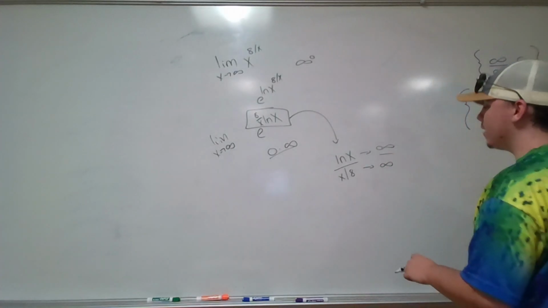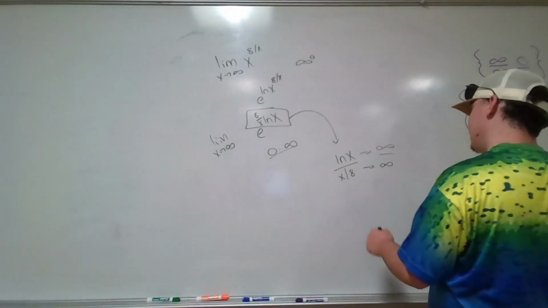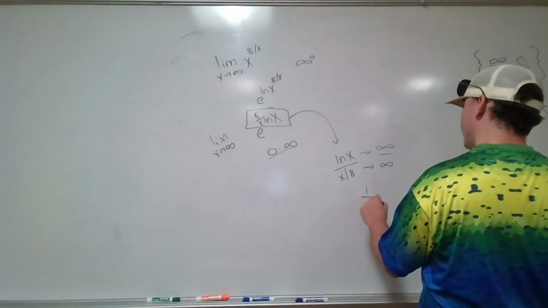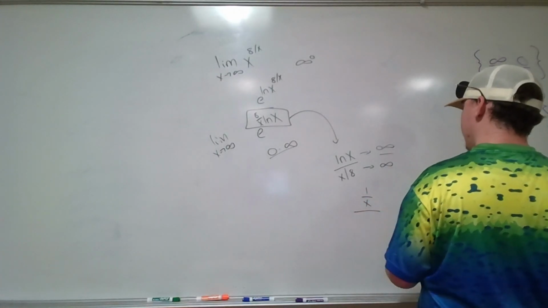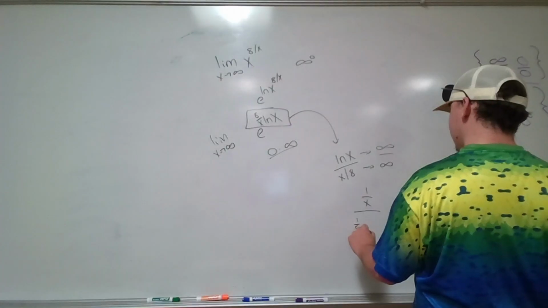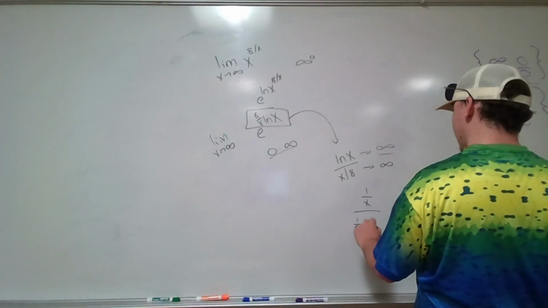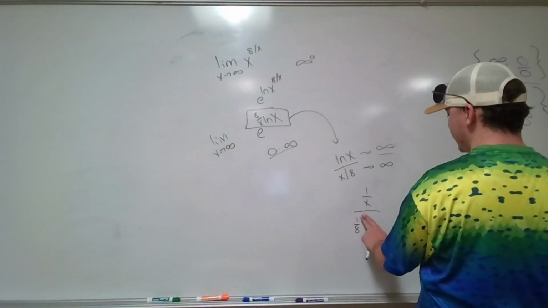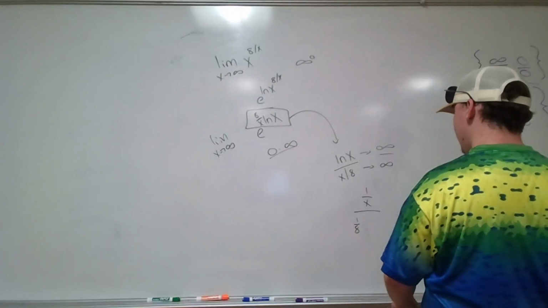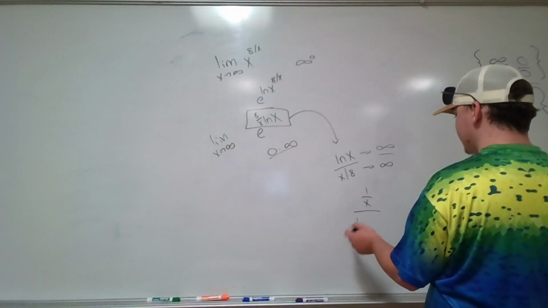So now all I have to do is just take the derivative to find what we want. So 1 over x, and 1 over a for the bottom, so this is going to turn into 1 over x divided by 1 over a.